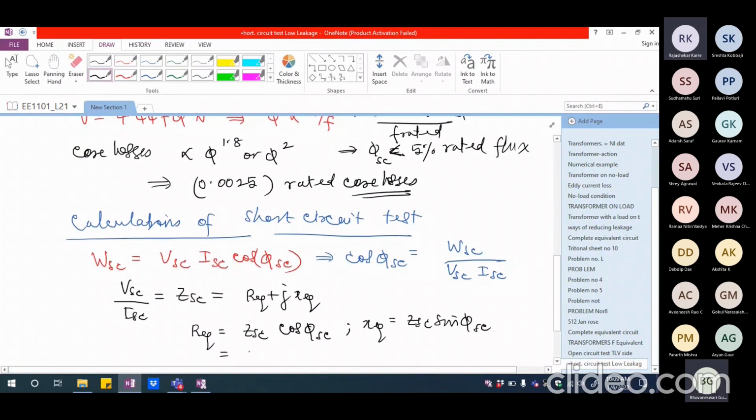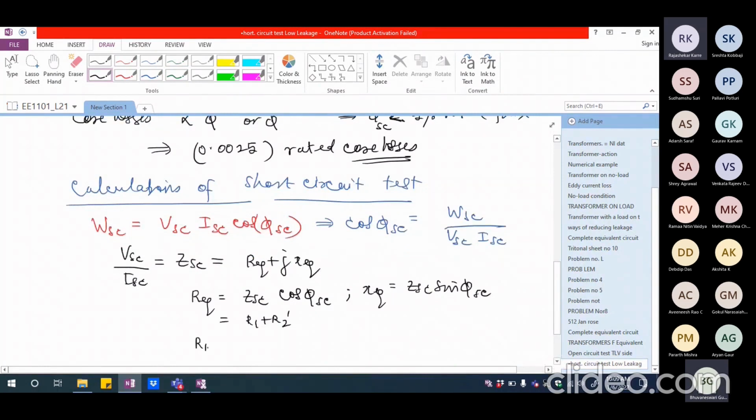We would get this as R1 plus R2 dash. It's difficult to segregate R1 and R2 dash, so normally we assume R1 equal to R equivalent by 2, which is also equal to R2 dash. This is an assumption. The same way, X equivalent is x1 plus x2 dash, so x1 equal to x2 dash equal to x equivalent by 2.